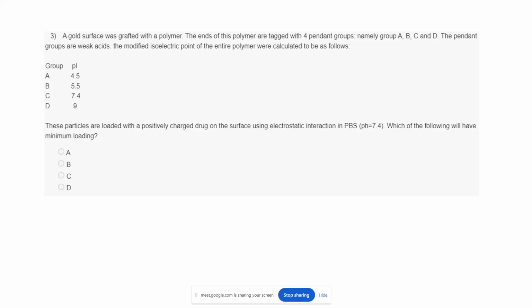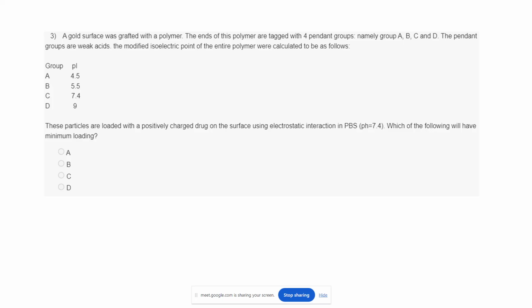Lowest loading. So here you are trying to load these particles with positively charged drug, right? So which of these will have lowest drug loaded onto the polymer? Or which of these will contain minimum amount of drug?